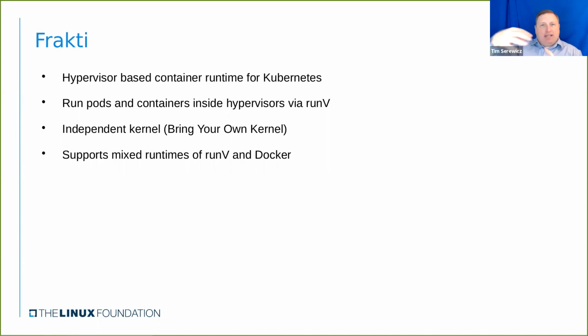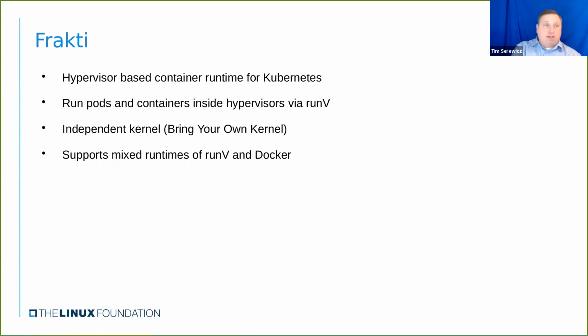Because we're running it in an environment almost VM-like, it gives us a lot of flexibility. The independent kernel, as they say, bring your own kernel. Another advantage is that because it's running them in almost a VM-like manner as a hypervisor and deploying each one, you could have mixed runtimes.